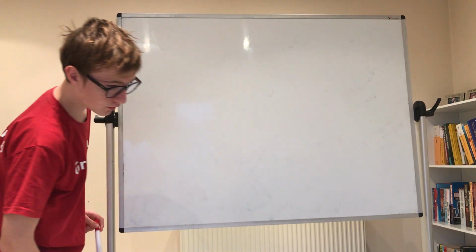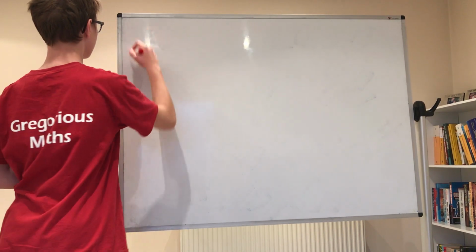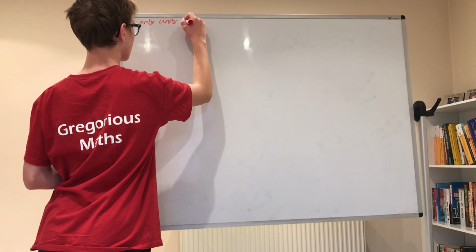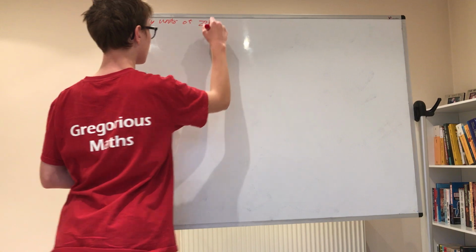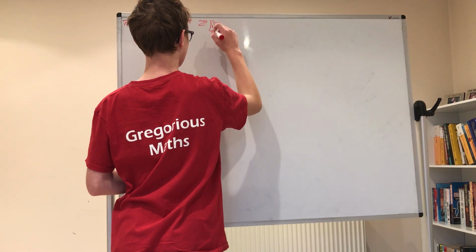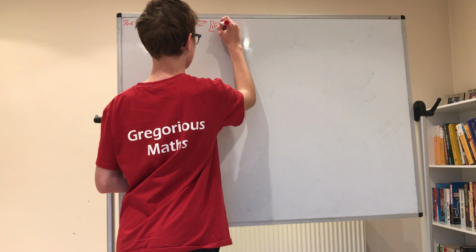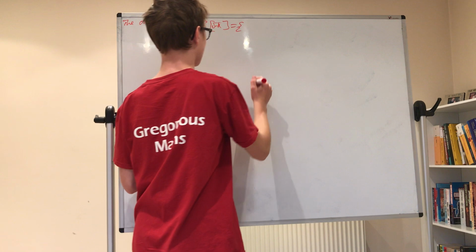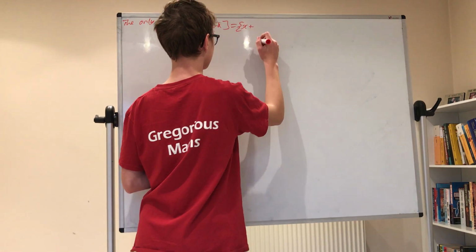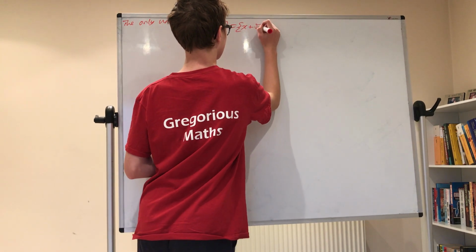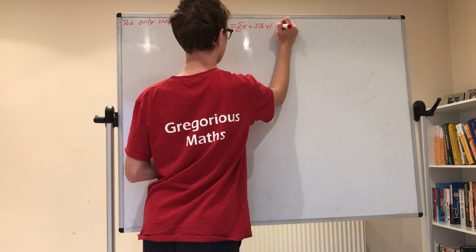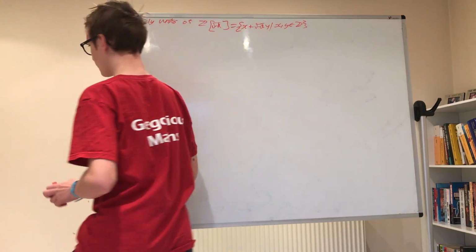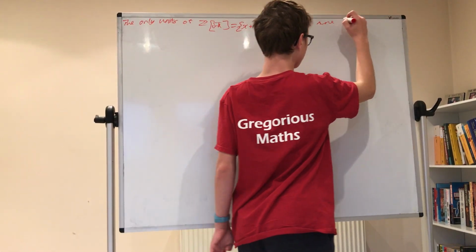Alright, what's next? Show that the only units of the ring Z[square root of negative d], which is equal to, as you might expect, the set of all x plus square root of negative d times y, such that x and y are integers, are plus or minus 1.